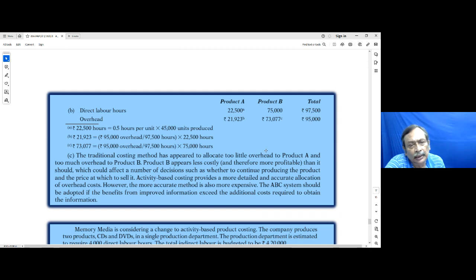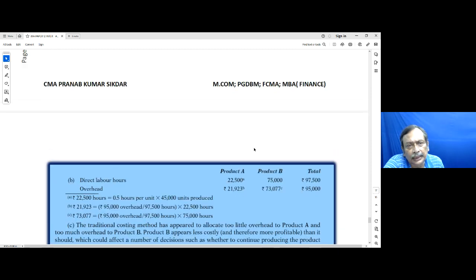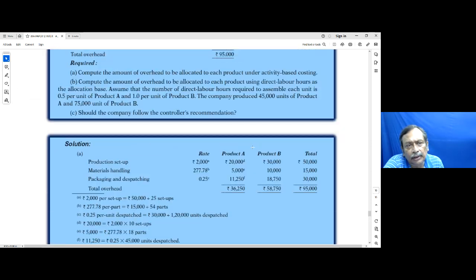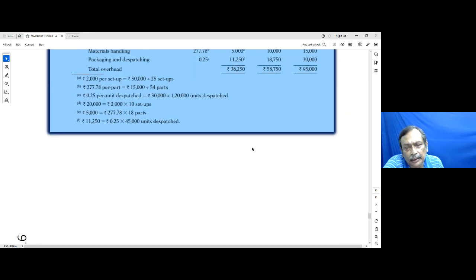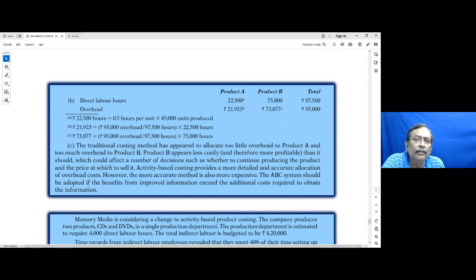Now, in the second part, the requirement is the amount of overhead to be allocated to each product using direct labor hours. We have calculated direct labor hours for product A as 22,500 and for product B as 75,000, so the total is 97,500.